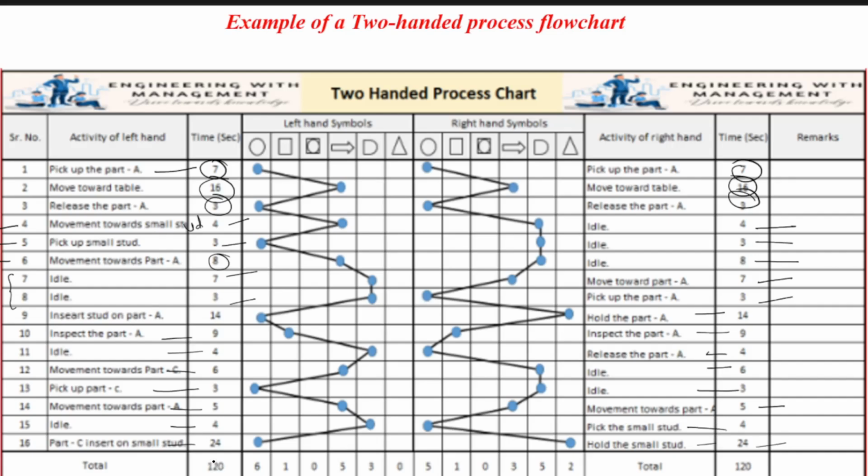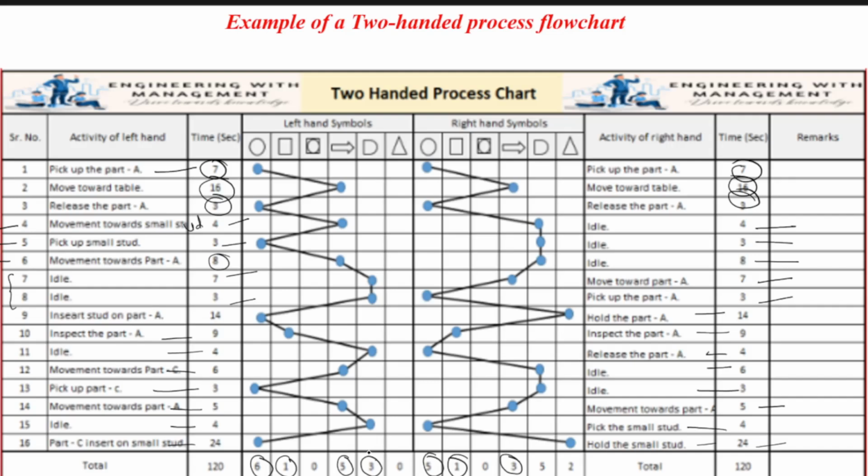So if you look at here, the operations which are being done by the left hand, operation is done for 6 times, and in case of right hand, operation is done for 5 times. Inspection is done for 1 time. Now, we are interested in the transport. Transport is done for 5 times, and here the transport is done 3 times.